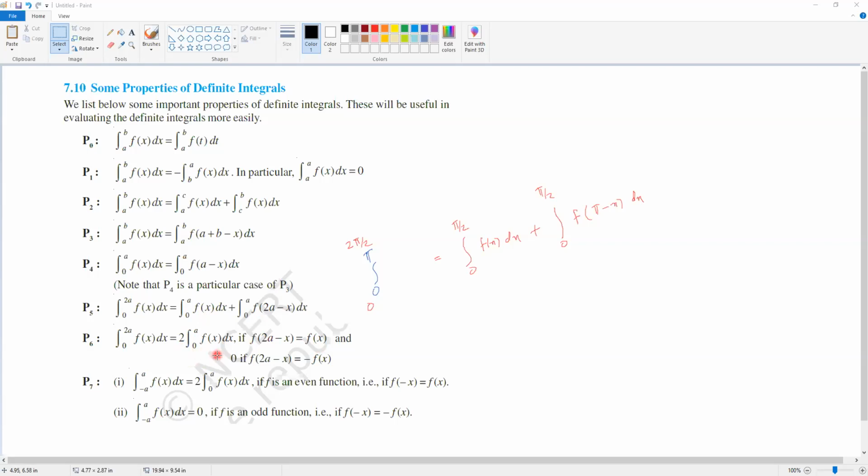And if f of 2a minus x comes as minus f of x, then 0 to a f of x dx minus 0 to a f of x dx, that is why the value will become 0. P6 is a sub property of P5.